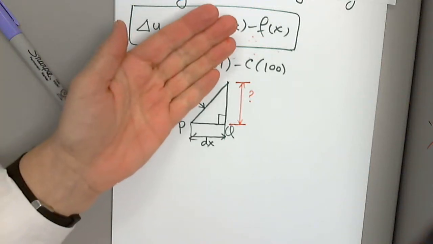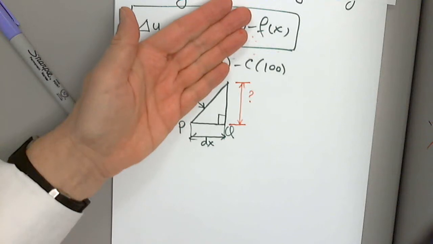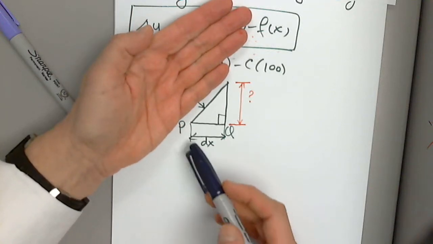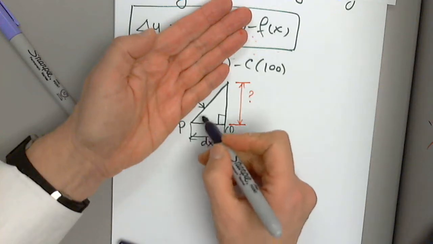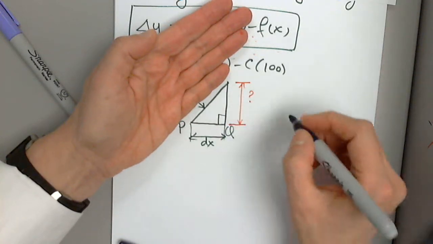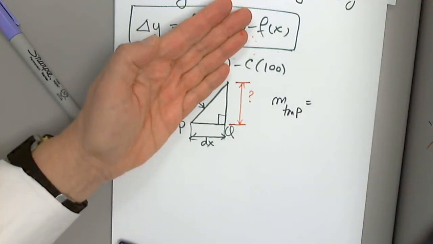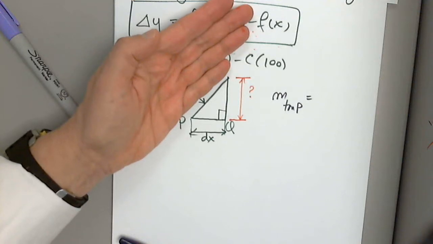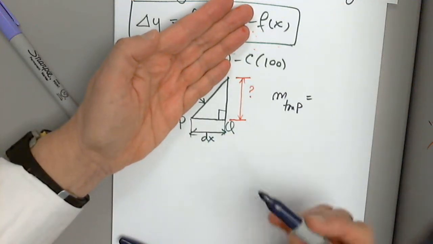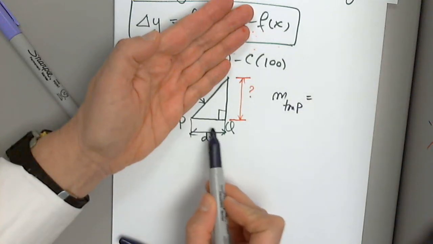Forget about the fact that the slope of this line is f prime of x. I'm covering it. So from here, could you please tell me how do I determine the slope of this line? The slope of the tangent at P. That's why I took that triangle out of the picture. The slope of this line must be rise over run, correct?